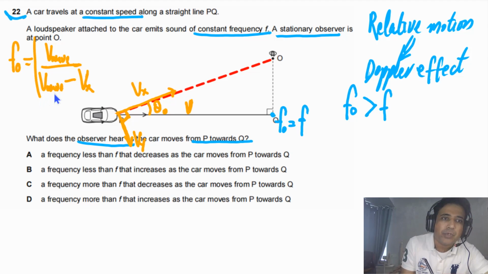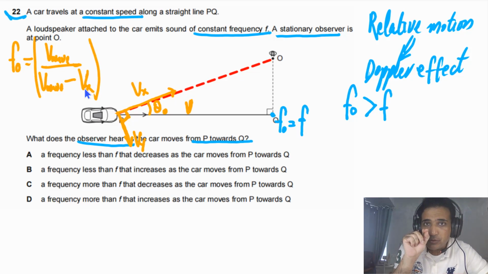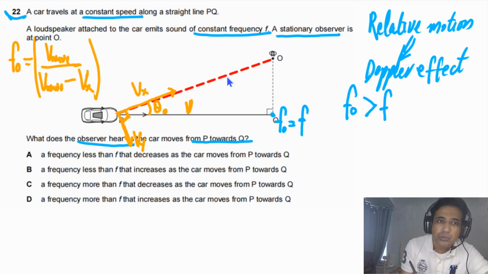Very important: not only the speed of the source, you have to take the component of the speed of the source that causes relative motion. So in this case, the relative motion between source and observer is due to Vx, multiplied by the frequency of the source.